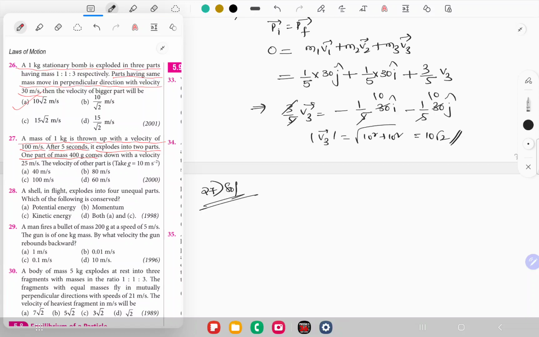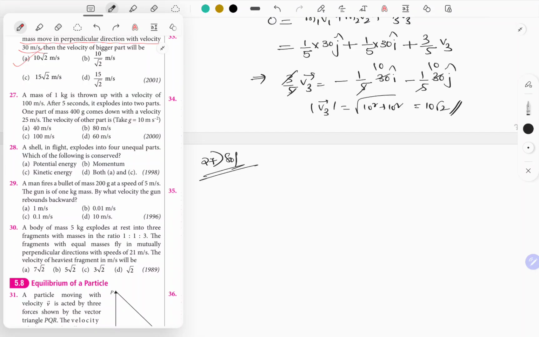One part of mass 400 grams comes down with a velocity 25 meter per second. So 1 kg mass is thrown up with 100 meter per second. After 5 seconds, it explodes. Let me find out the velocity after 5 seconds first.